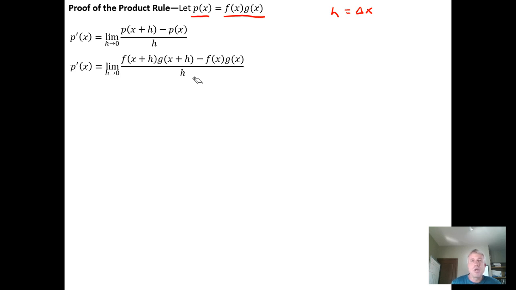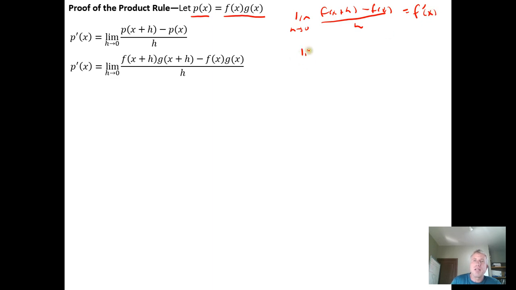And then what we want to recognize is that the form of the derivative, if we could get the limit as h goes to 0 of f of x plus h minus f of x over h, this would just equal the derivative of f of x.